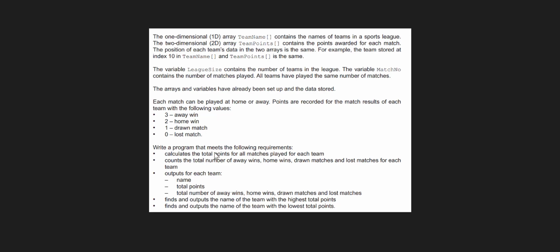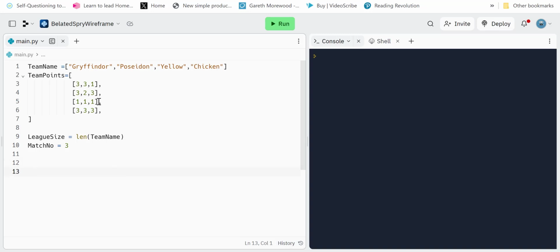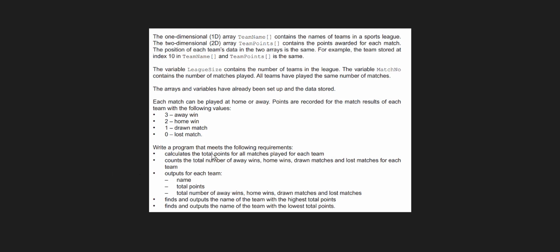What we want to do is calculate the total points for all matches played for each team. So we want to do that for each row. Simply calculate the points for team 1, team 2, team 3, team 4. Does it ask us to display it? Well, yeah, we need to definitely do some displaying here.